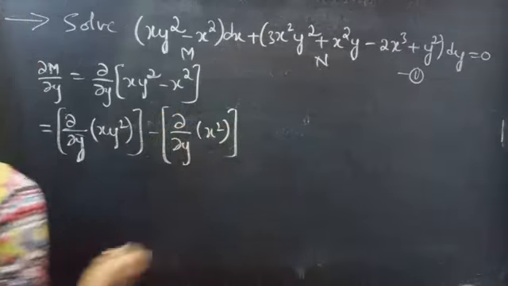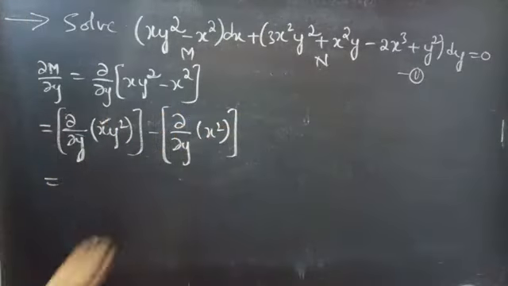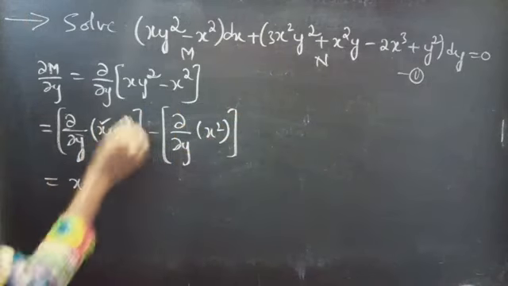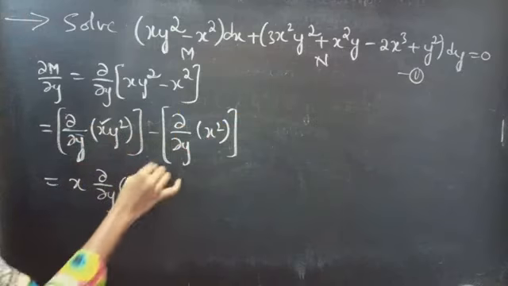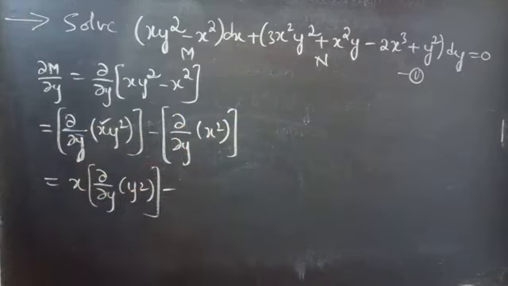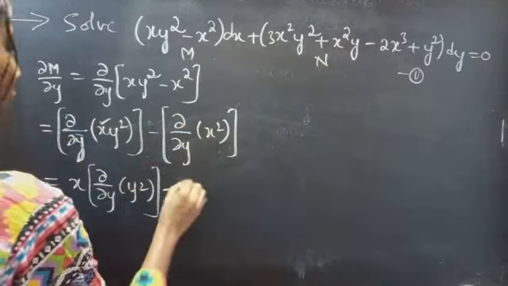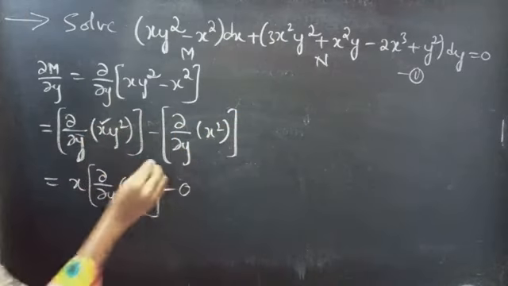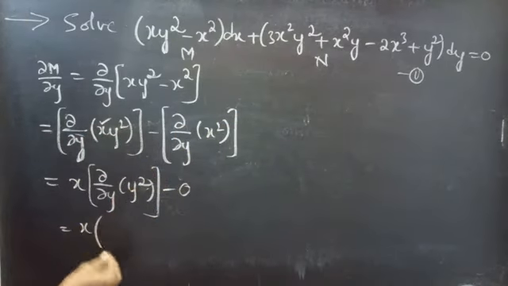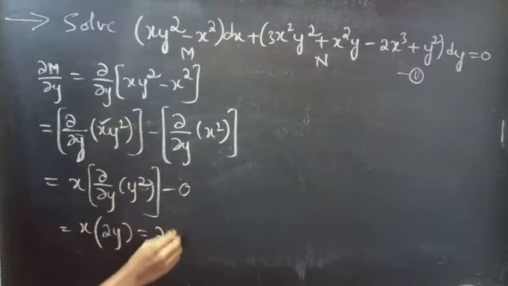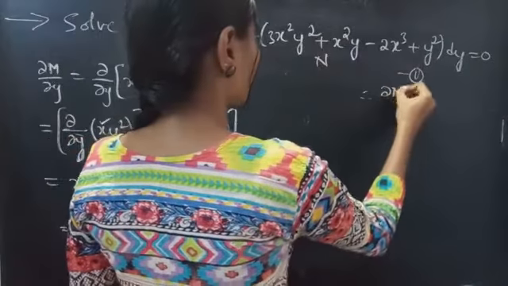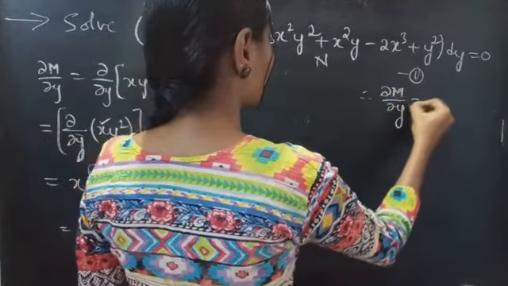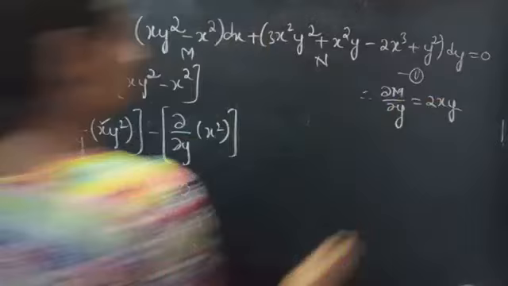Here x is constant, so you can write x times the partial derivative of y² with respect to y, minus the partial derivative of a constant, which is 0. That equals x times 2y, which is 2xy. Therefore, the partial derivative of M with respect to y equals 2xy.